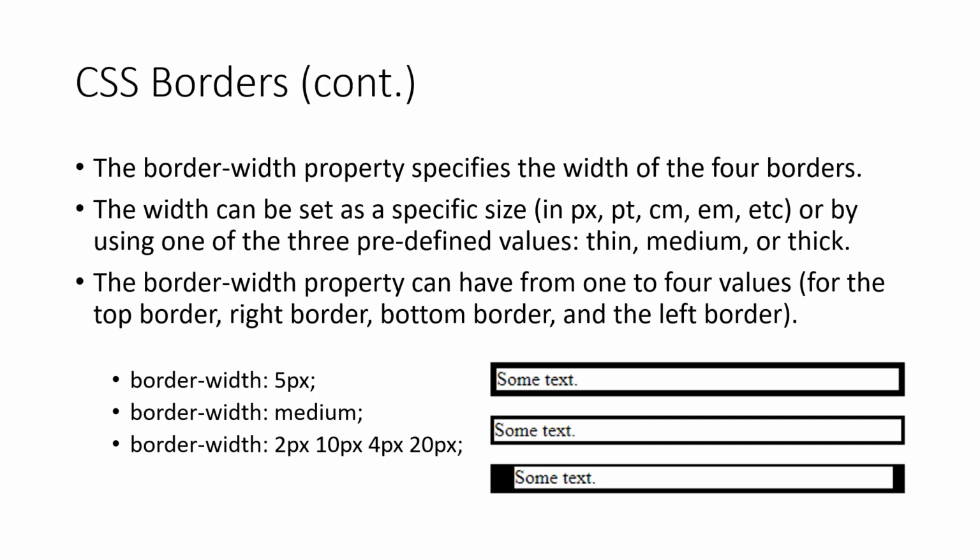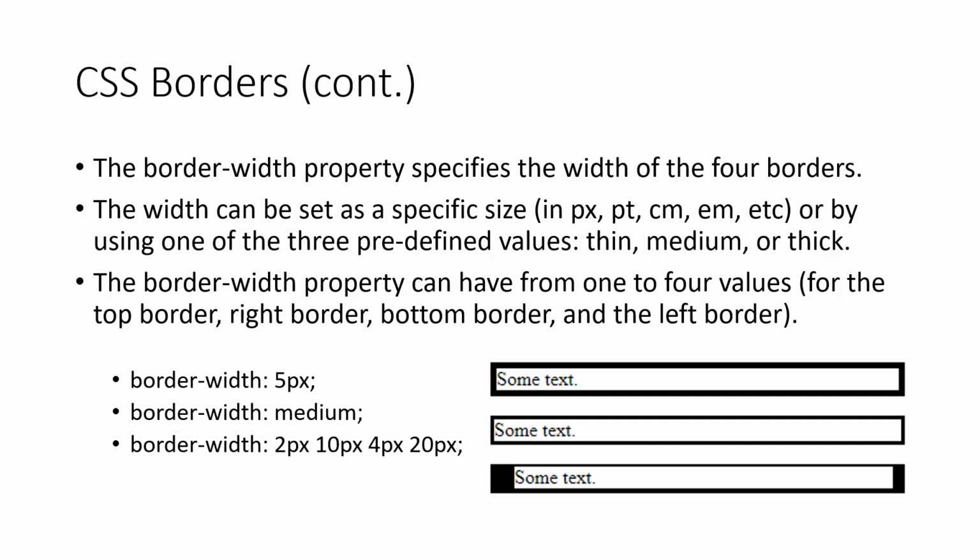The third one is the border width, where top is 2 pixels. Then we have left 10 pixels. The right is 4 pixels. And then the bottom is, I guess it's the bottom, right?